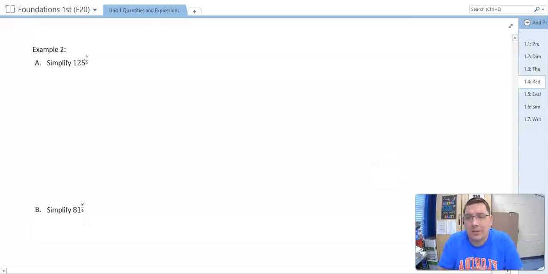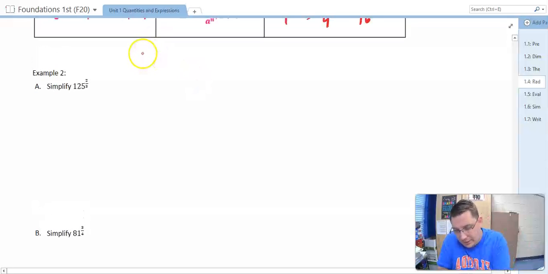Now, when we're talking about these, it's just a little bit different from what we looked at before. With these, we're still going to do the same property we did with the denominators, but the numerator goes in a different place. So the property here is this: if I have b to the m over n, the index is still the n, and the b goes inside.